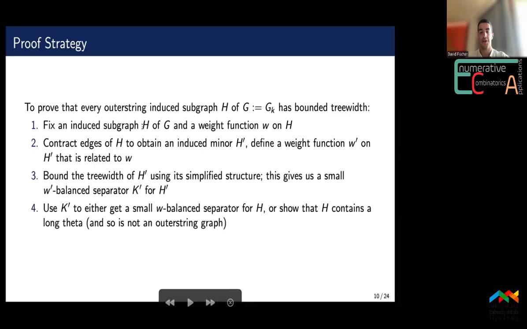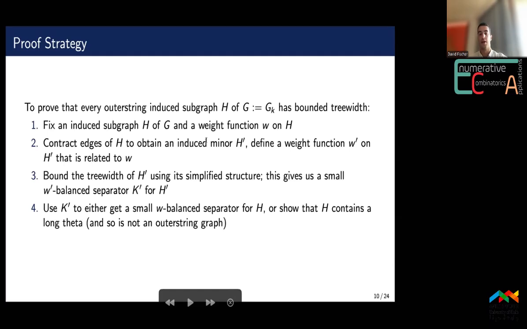So the first thing we're going to do, we're going to fix H and a weight function W. Since we don't exactly know how to analyze H, we're going to find an induced minor of H called H prime, which we'll define in a second. And using properties of H prime, we're going to show that it has bounded tree width.